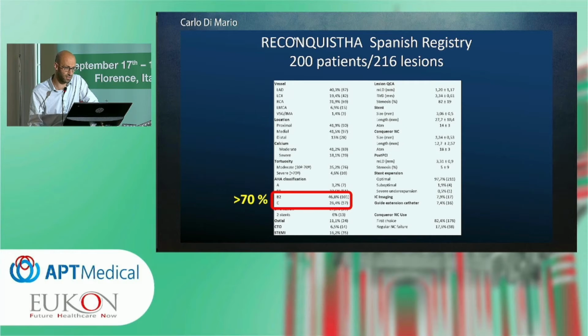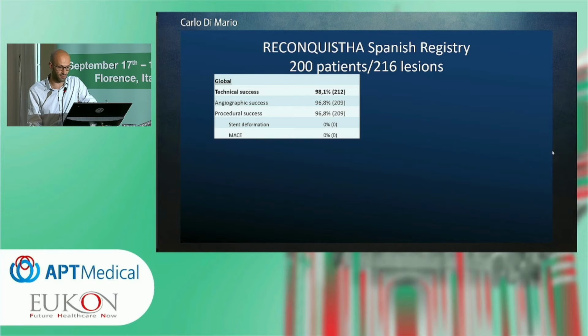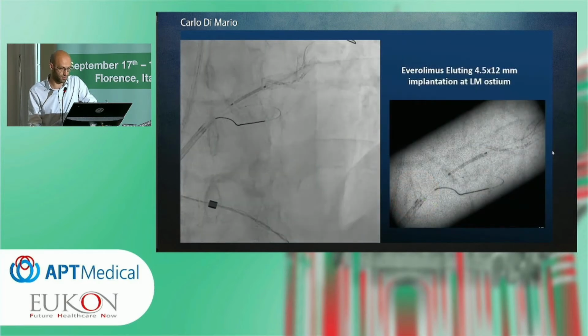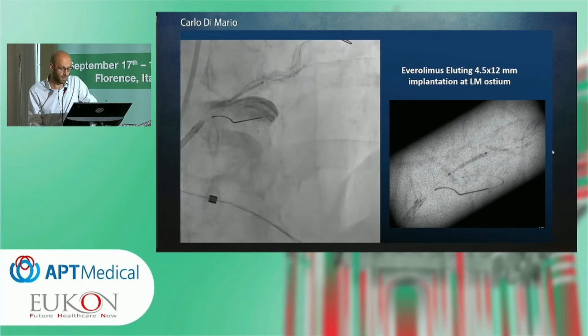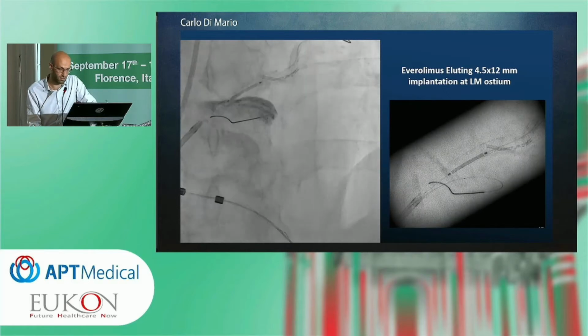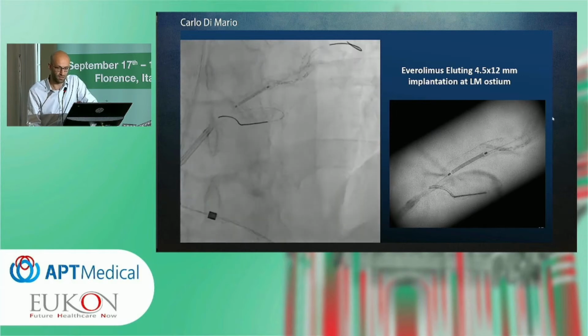And in this Reconquista Spanish registry, in this very complex setting of lesions, with a large use of extension catheters, you can see that after failure of an NC balloon, you had a very high rate of success with the new spherical tip balloon.